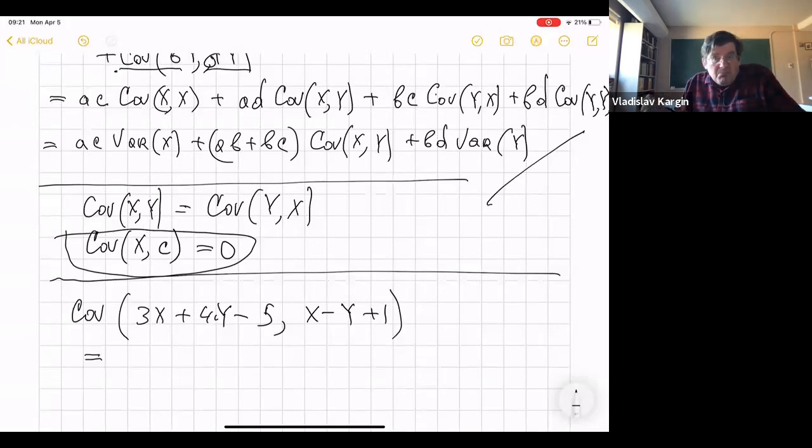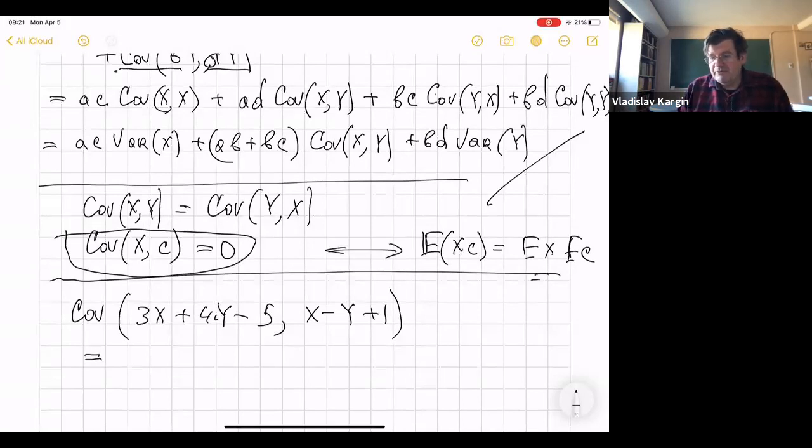You learn a constant, you don't learn anything about X. This is a property that can be checked: E of XC is equal to E of X times E of C. So a random variable and any constant are independent. So it's equal to C E of X.